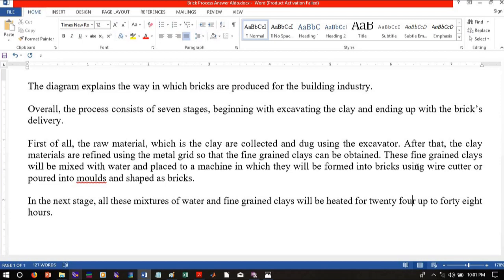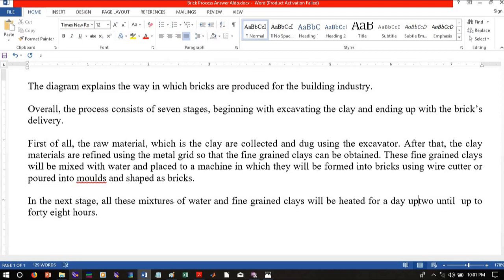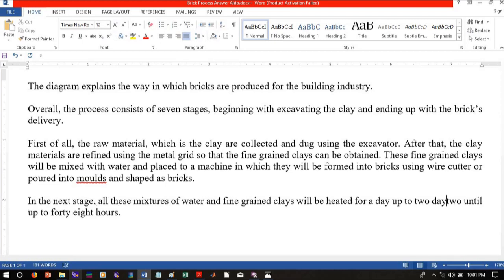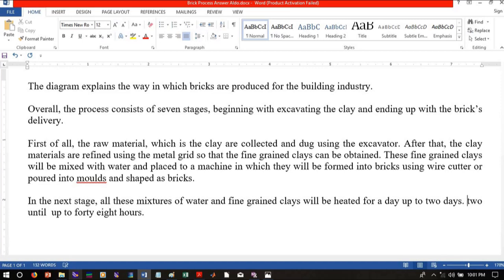Now this one seems like too many words, right? Because 24 hours is basically 1 day, and 48 means 2 days. So we can say for a day up to 2 days.